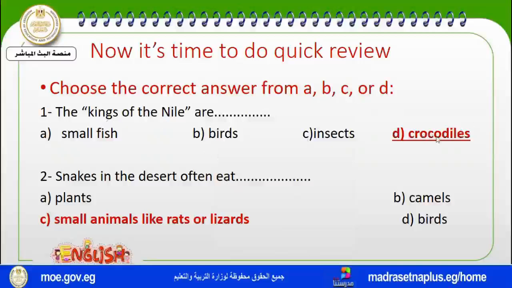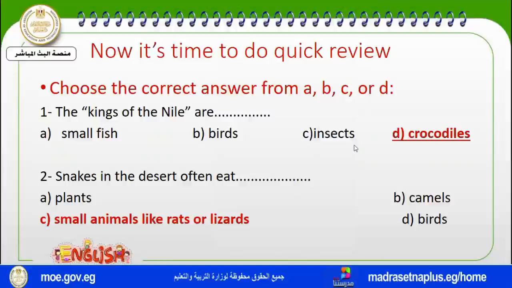Why are they crocodiles and not insects or small fish or birds? Because crocodiles are big water animals. They are bigger than small fish, bigger than birds, and bigger than insects. They are more dangerous and bigger than any other fish.